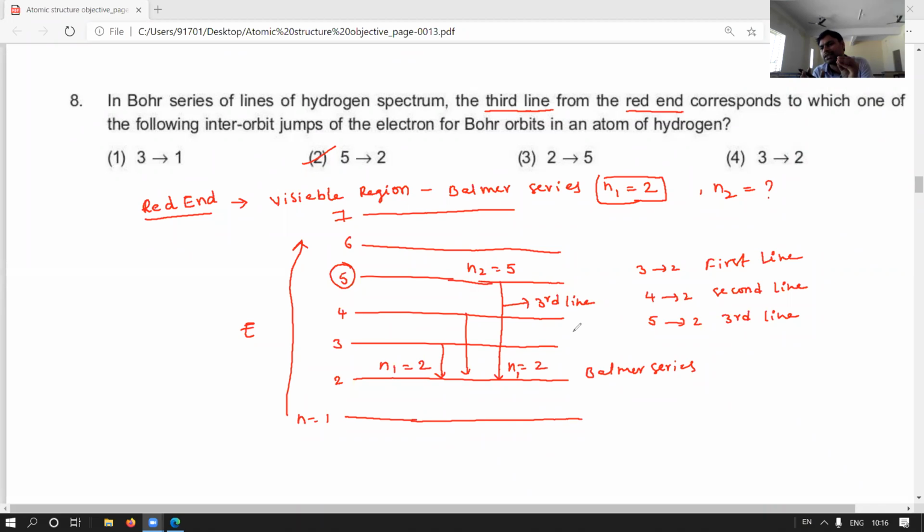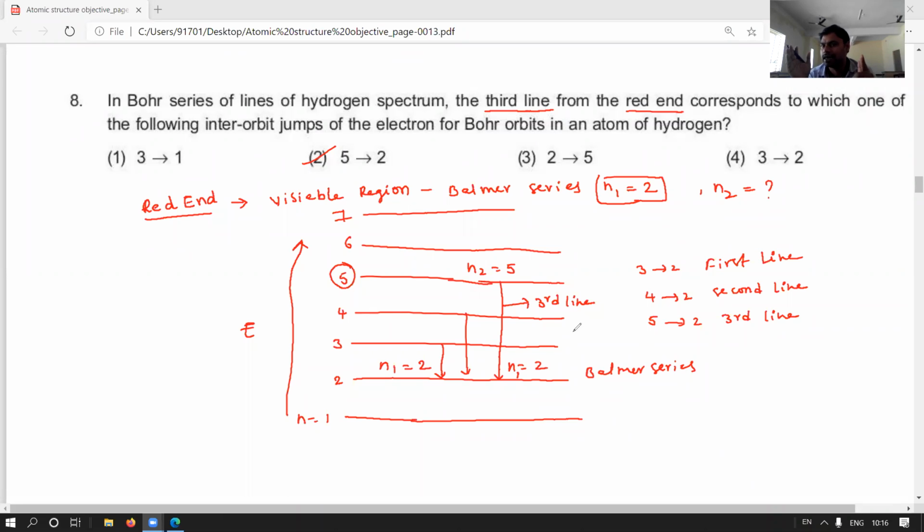Now they gave a hint. This transition belongs to either the Lyman series, Balmer series, Paschen series, Brackett series or Pfund series. They gave one hint: the lines are appearing in red and. Red and means it belongs to the visible region. Visible region means the Balmer series. In the Balmer series, n1 is fixed. n1 is 2 only, always. So how to identify the higher energy state?